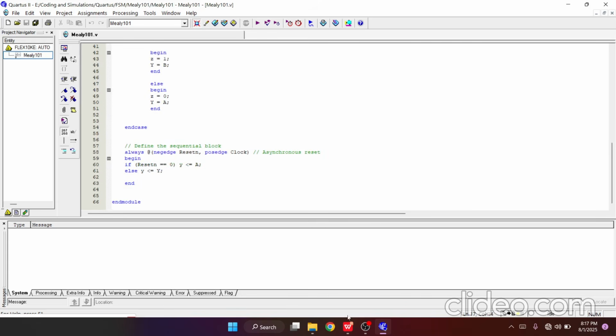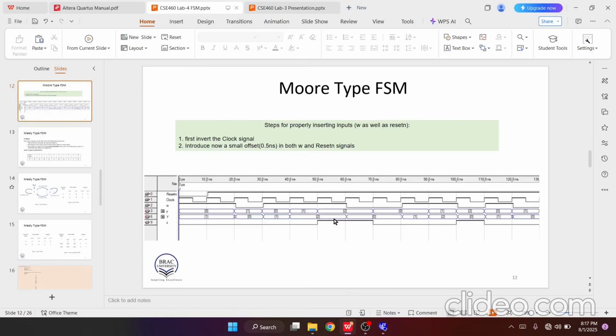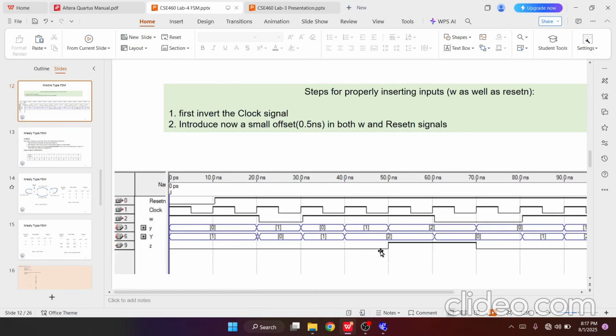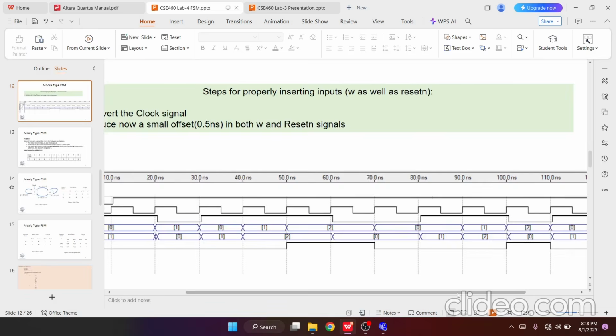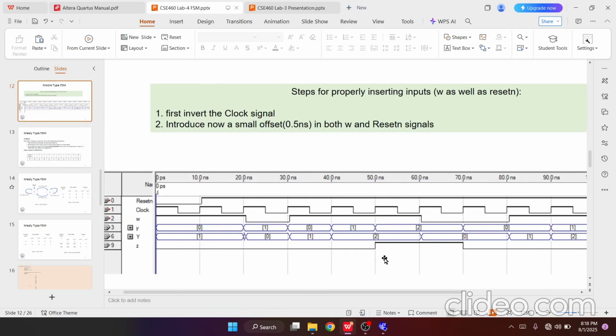Well, one thing was not mentioned earlier. In the previous case, in the Moore type FSM, you might be wondering whether Z depends on the clock edge, because you can see that the Z values are changing at the clock edges. But no, Z is not a sequential logic.